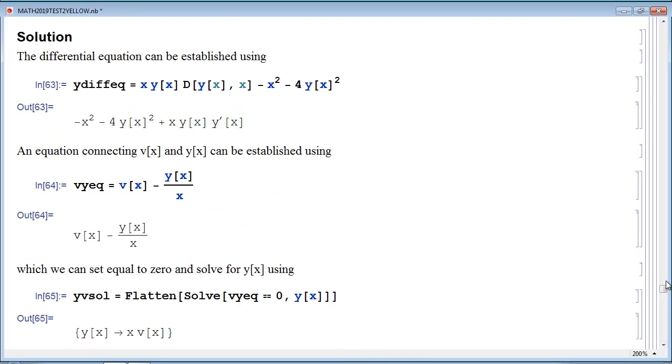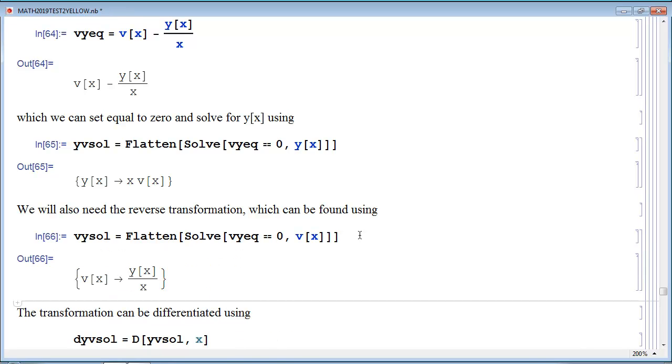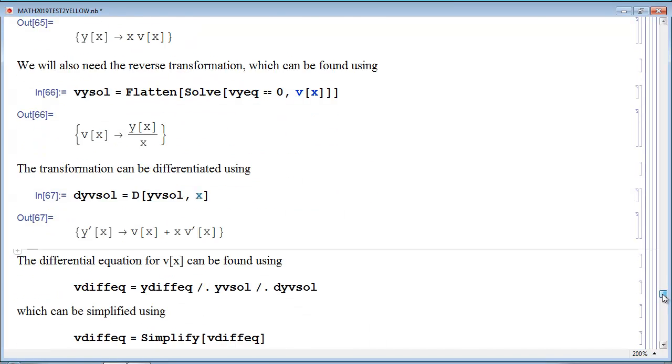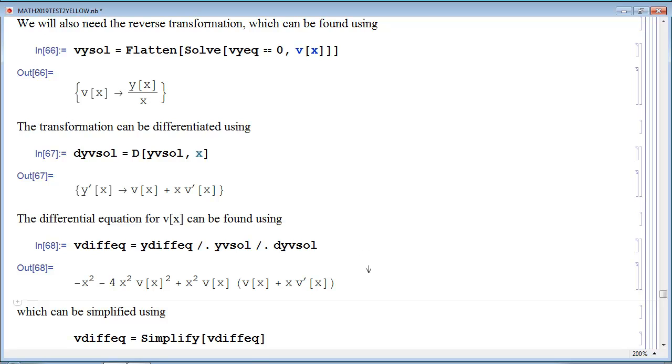And then we need to differentiate that. We'll do it in the opposite order. So that's the reverse transformation, and this is the derivative of the original one. So now we put those into our differential equation for y, and we should get a differential equation for v, and we can see that's the case.